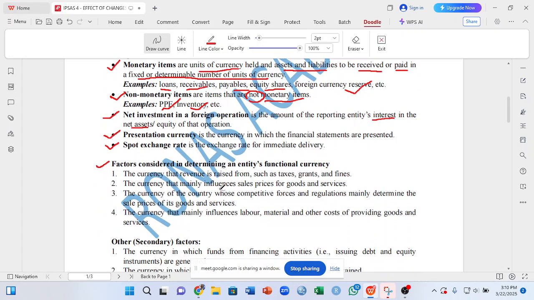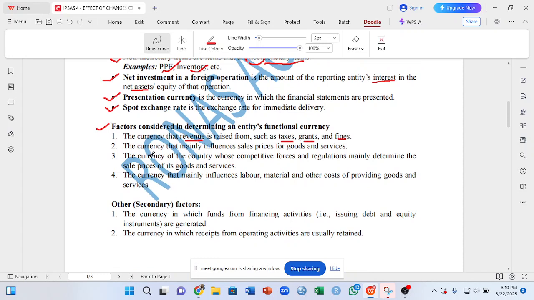But there are certain indicators you need to use to identify it. What are these indicators? Number one is the currency in which you get your revenue from. The currency in which you get your revenue from is one of the key indicators for functional currency. In the public sector, a government can get revenue from taxes, grants, fines.